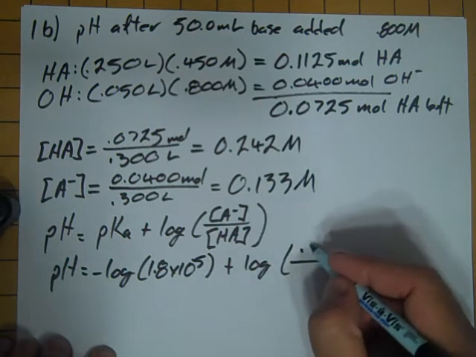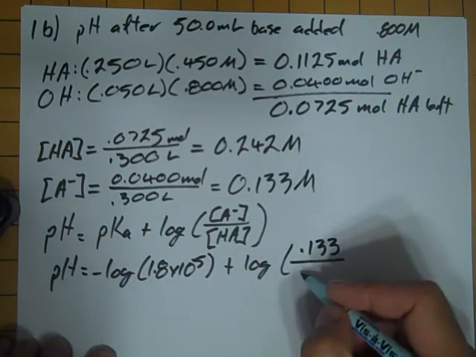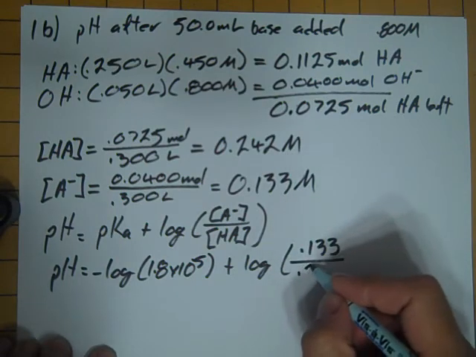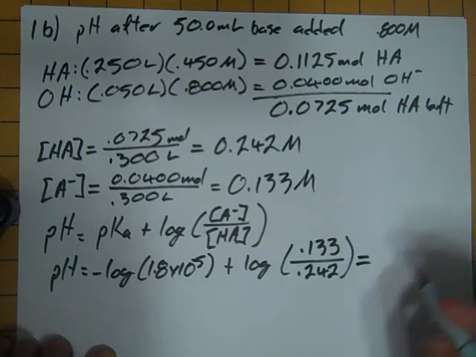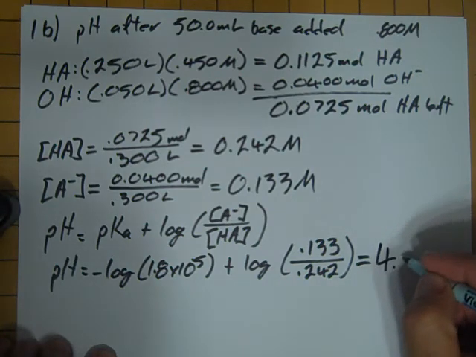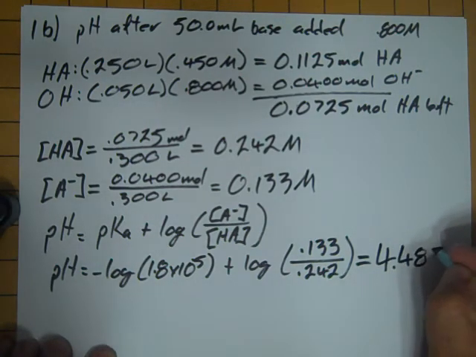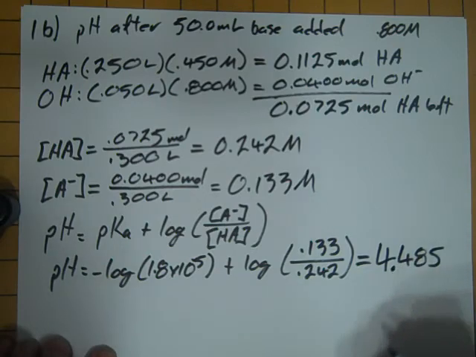A- on top, 0.133 over HA on the bottom, 0.242. I plug this into the calculator, and my pH is 4.485. 3 digits after the decimal because I had 3 digits in every number given to me in the problem.